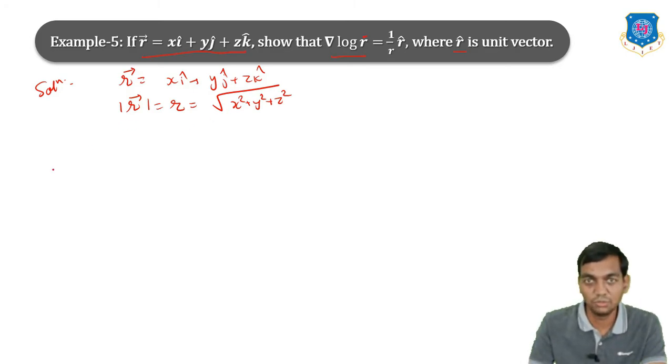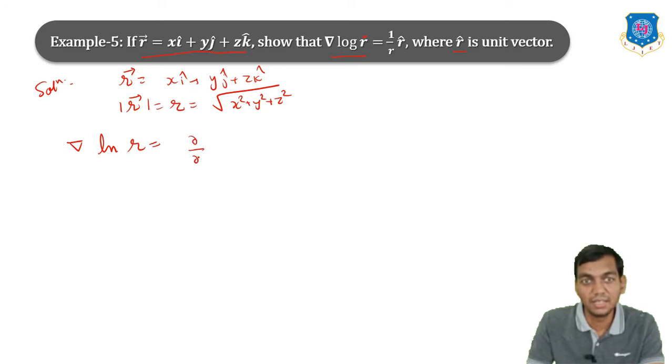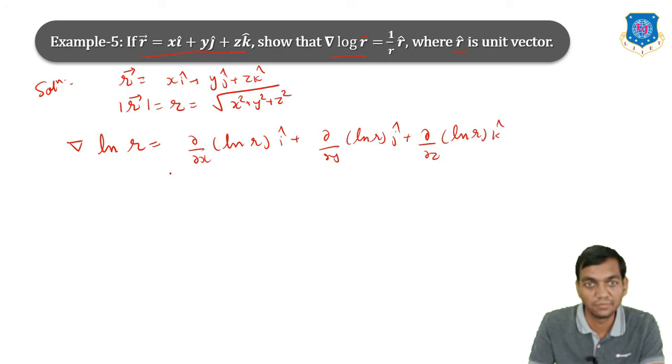Now, what you have to do, you have to find out the gradient. So, grad of log r is nothing but del by del x of log r into i plus del by del y of log r into j plus del by del z of log r into k.